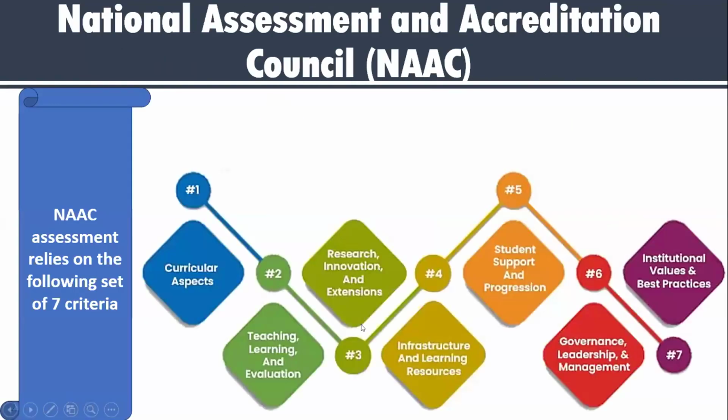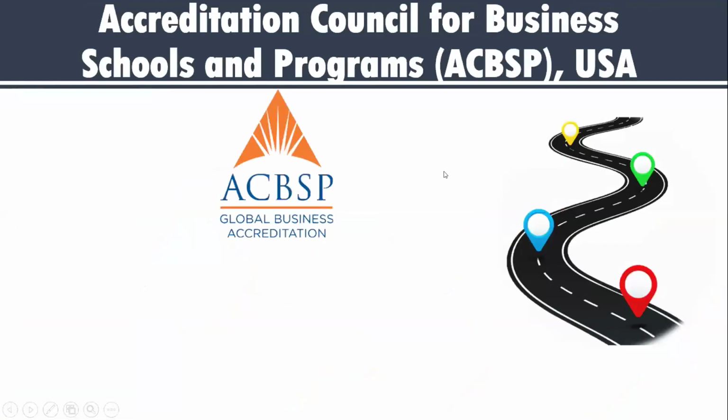So on the basis of these parameters, NAAC evaluates any institute or university and gives the grading. And on the basis of these, after evaluation, we got the highest NAAC grade in the first cycle. Another accreditation we have.